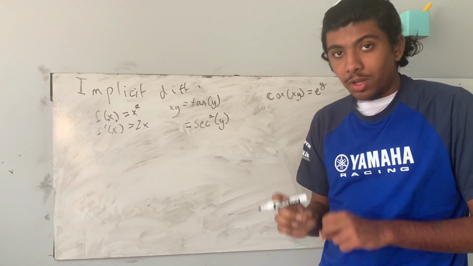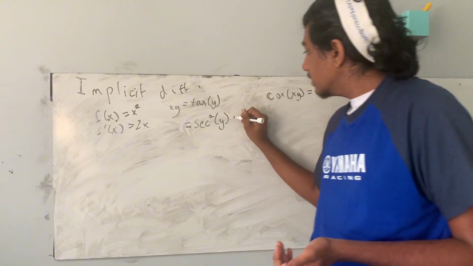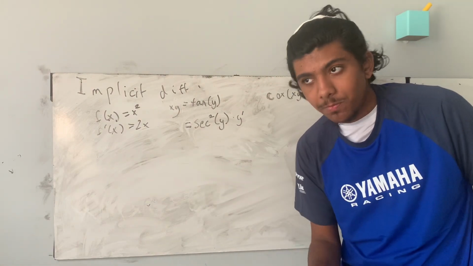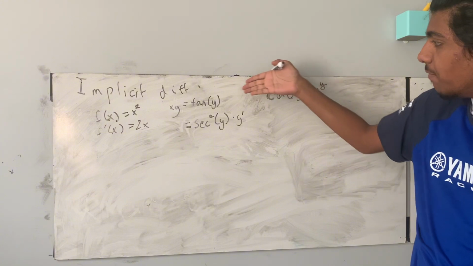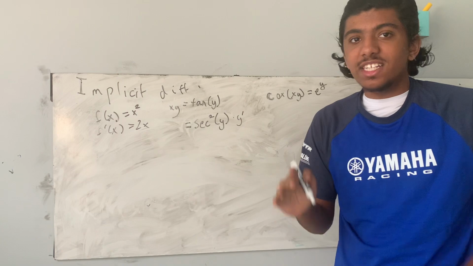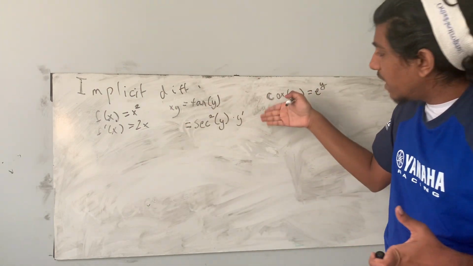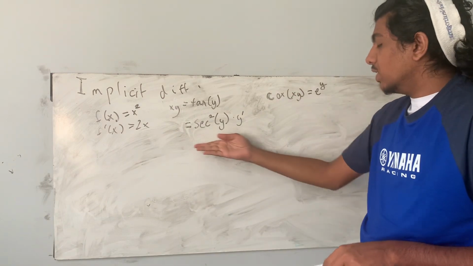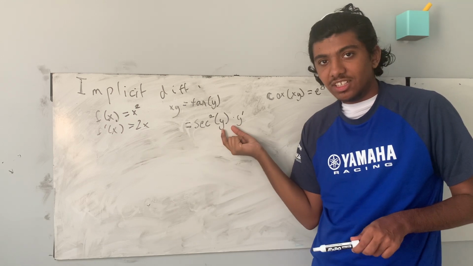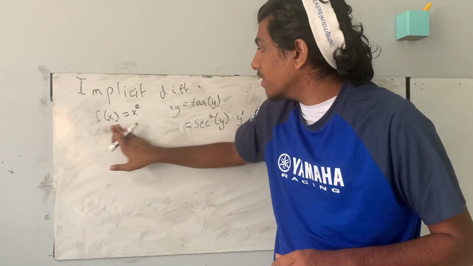What is the derivative of y? It is dy dx, or y prime, because y depends on x in some way. The derivative of y with respect to x is just the derivative of y with respect to x. That's what we're trying to find. We're trying to find y prime. That's what the chain rule means. You differentiate the outside and you multiply with the derivative of the inside, keeping the inside unchanged.